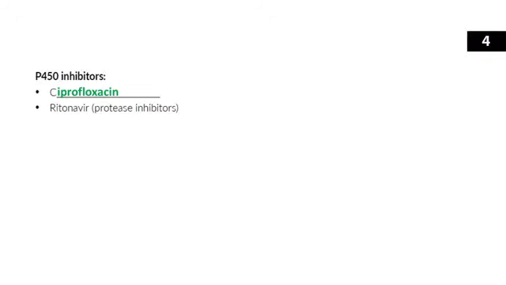R is for ritonavir, which is a protease inhibitor. This is a class effect of the protease inhibitors that are actually designed to inhibit cytochrome P450. A is for amiodarone. The second C is for cimetidine. K is for ketoconazole. And then A in Amigos is for acute alcohol use.